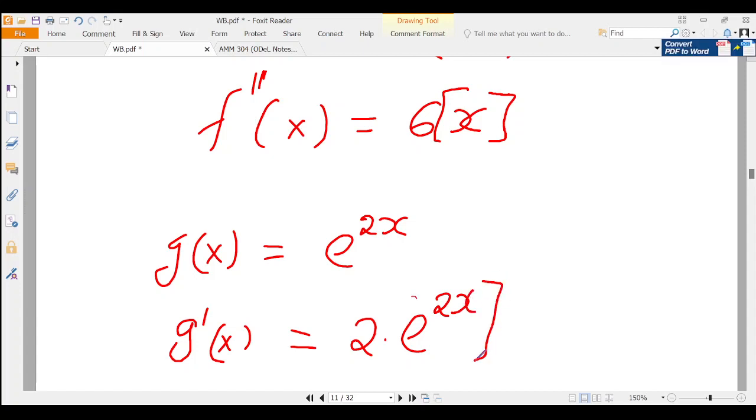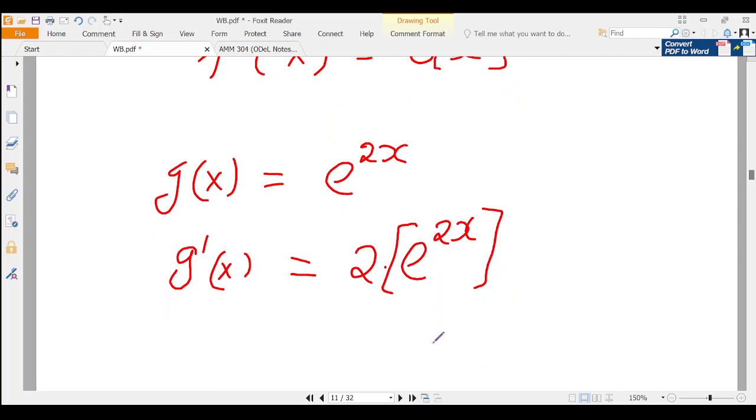Again here, e raised to power 2x is a UC function, multiplied by 2. So g prime is a constant multiple of a UC function. Given any UC function, the derivative would also be a UC function, which may be multiplied by a constant.